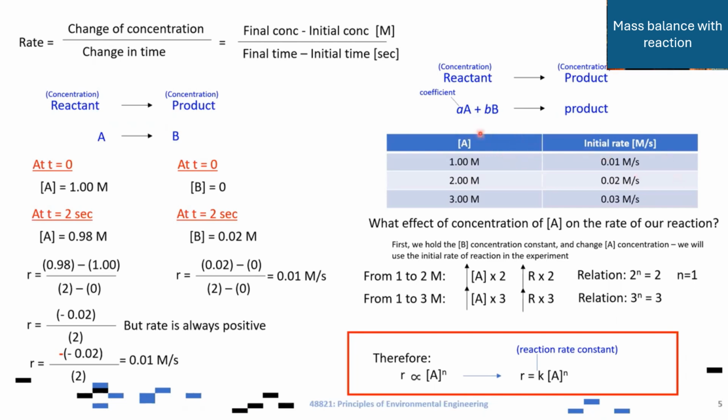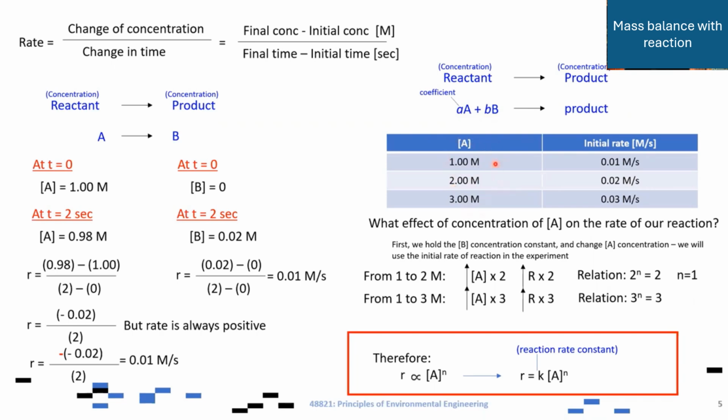So let's say we have these values here. By making the B concentration constant, let's say 1 molar of B, because we are trying to see the effect of changing the A concentration. So let's change the concentration of A from 1 molar, 2 molar, and 3 molar.